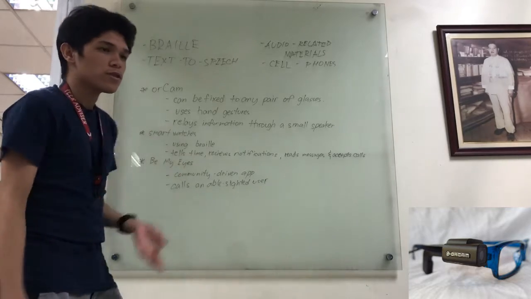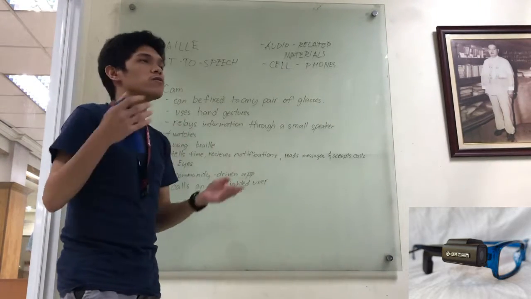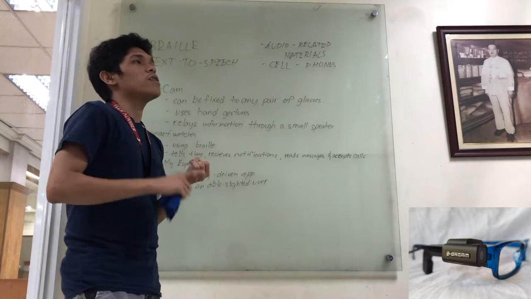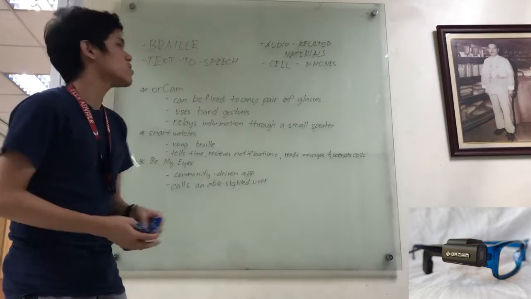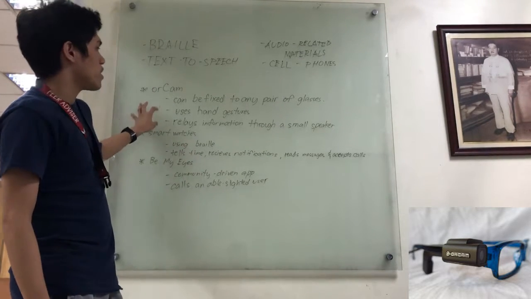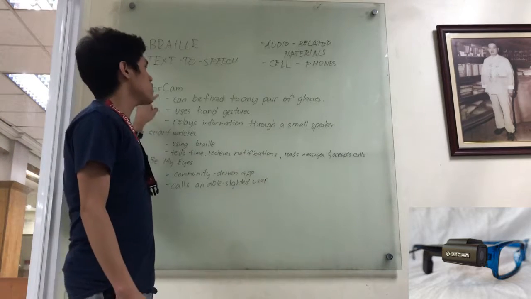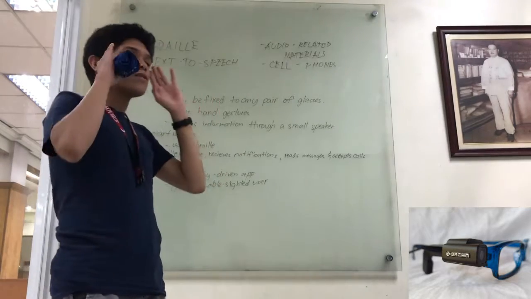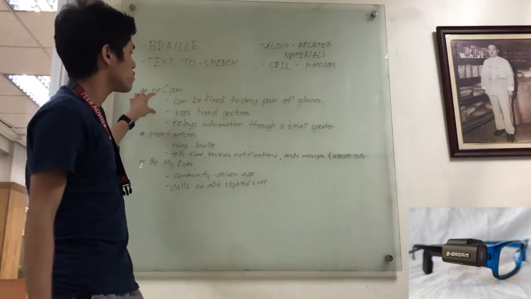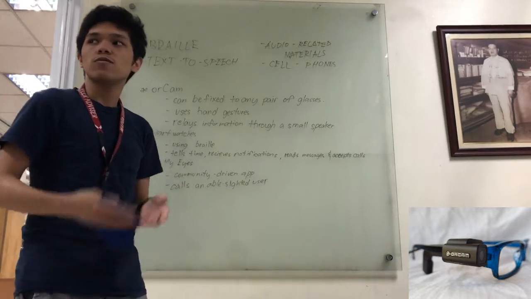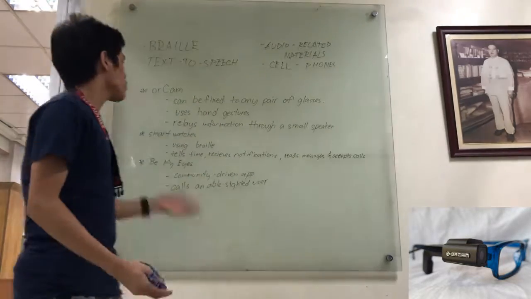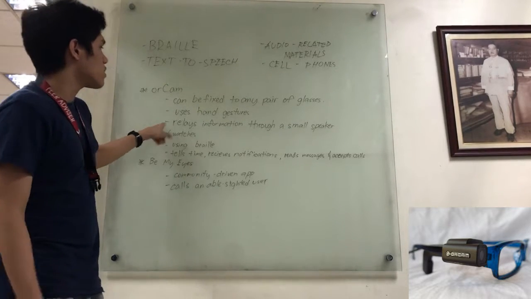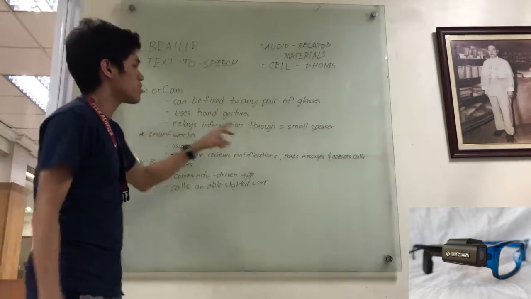Whenever the user needs to understand some sort of information, the OrCam recognizes hand gestures, and once it recognizes these hand gestures, whatever information the camera can see at the moment will be converted to specific instructions through the use of a speaker inside the unit, which is where the information is relayed.